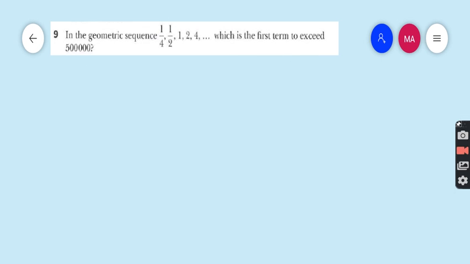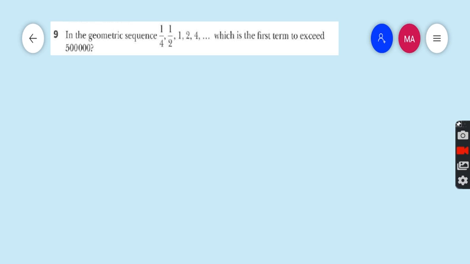Another very interesting question. In the geometric sequence 1 upon 4, 1 upon 2, 1, 2, 4, which is the first term to exceed 500,000? Students, this is the geometric sequence. So you can see every number is double.